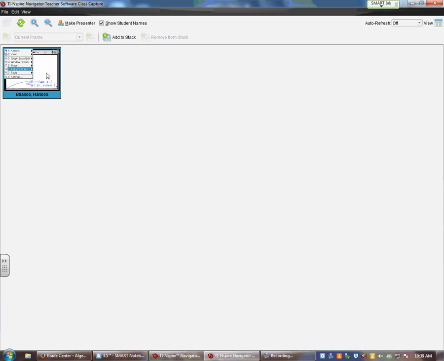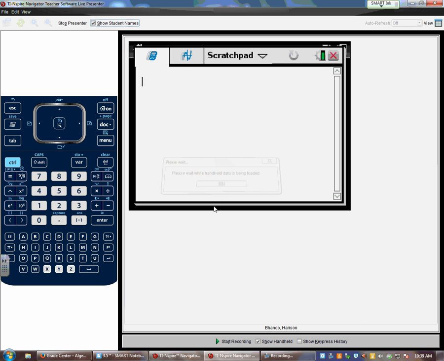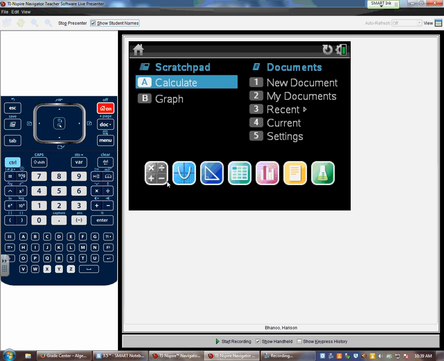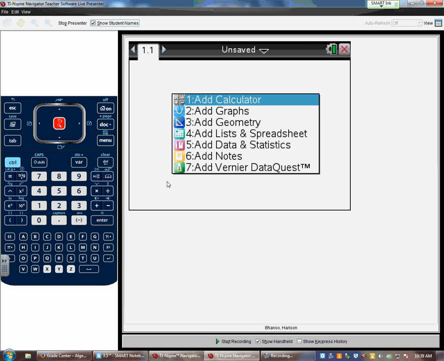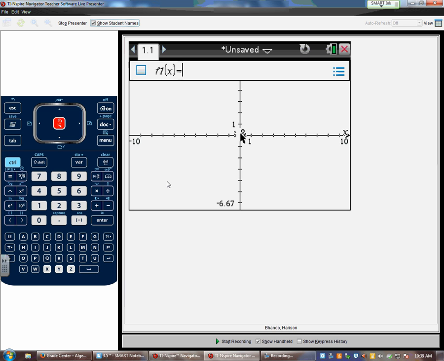Yay. All right, Harrison, live presenter. You're going to go to a graphs page and type in 0.0399 times e raised to the, so use the e to the x button. Let's pull up a fraction template there.